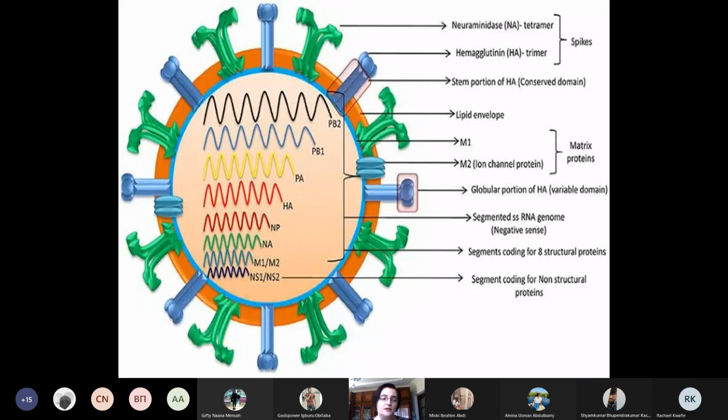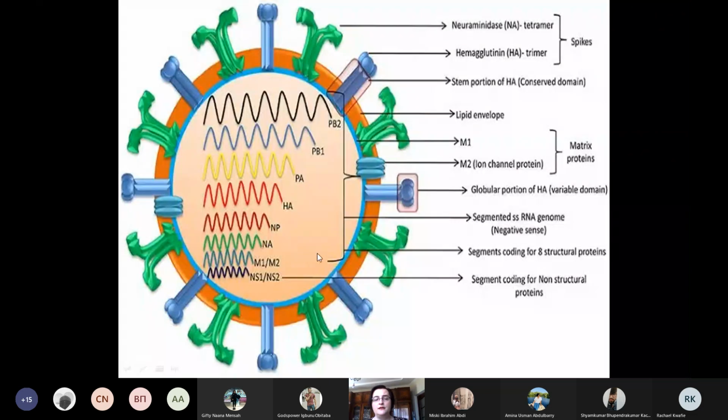On the inner side of the envelope that surrounds an influenza virion is an antigenic matrix protein lining. Within the envelope is the influenza genome, which is organized into 8 pieces of single-stranded RNA. A and B have only 8.